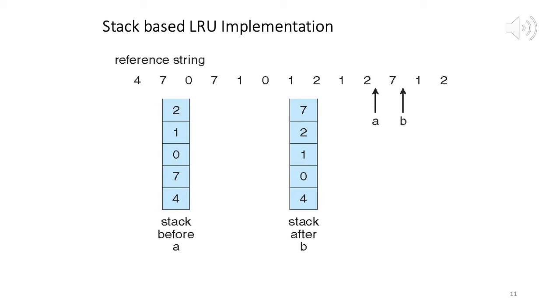So 7 goes on top, and then 2, 1, 0, 4. So 7, 2, 1, 0, 4 will be the contents of the stack. Now if you have to evict, you evict 4. This just shows the contents of the stack for 2 memory references. The previous slide is much more comprehensive. It shows the contents of the stack for all the memory references.